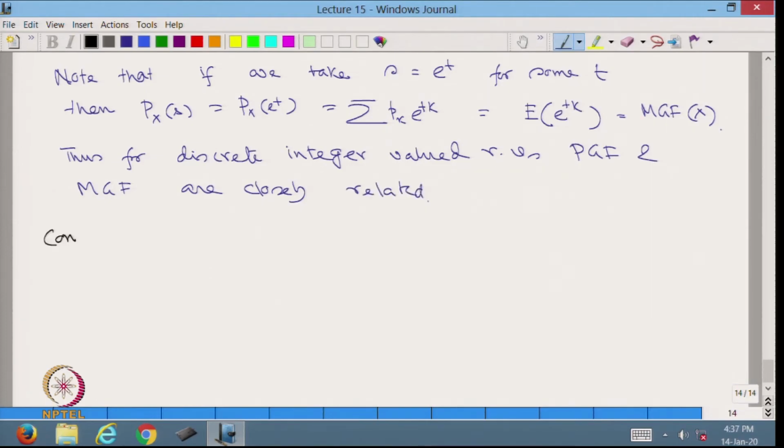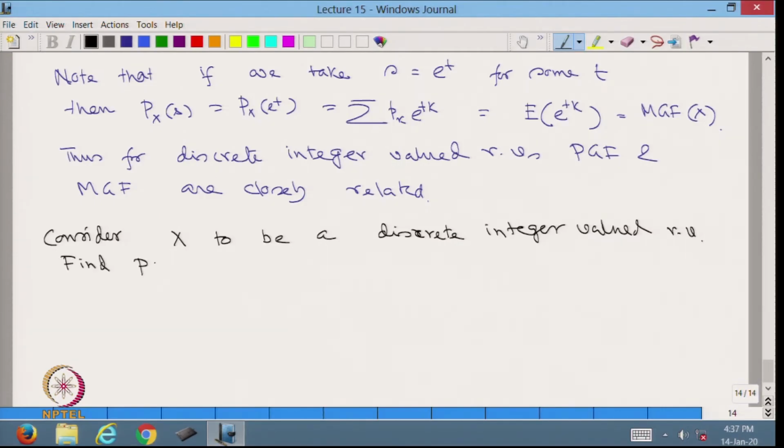Now, consider x to be a discrete integer valued random variable. Find PGF of x plus 1 and 2x.